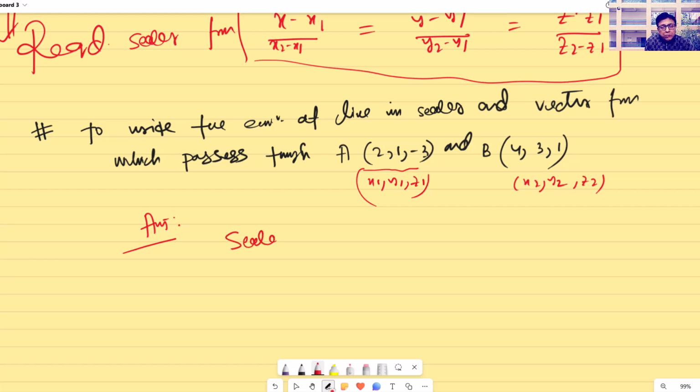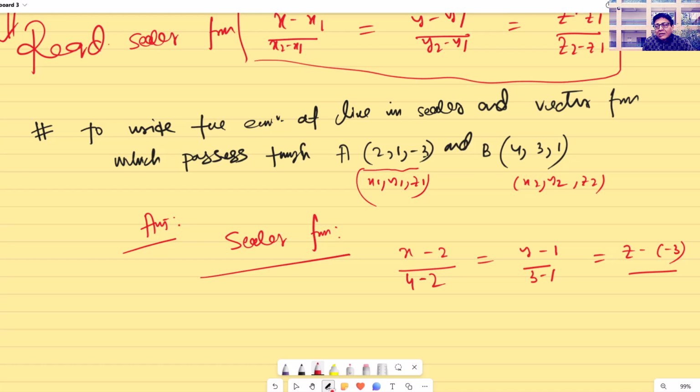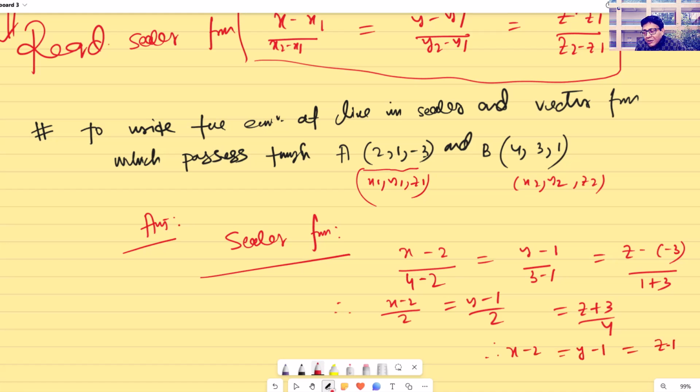So scalar form going to be what? x minus 2, y minus 1, this divided by x2 minus x1, that is 4 minus 2, 3 minus 1, and then 1 plus 3. x minus 2 equal to y minus 1, and that is z plus 3 by 2.